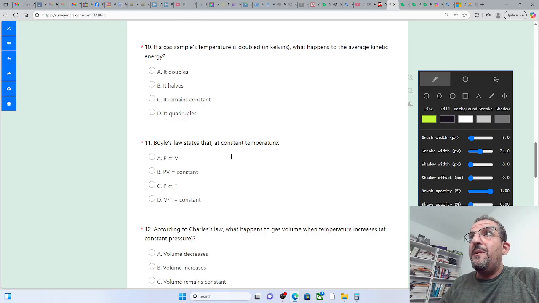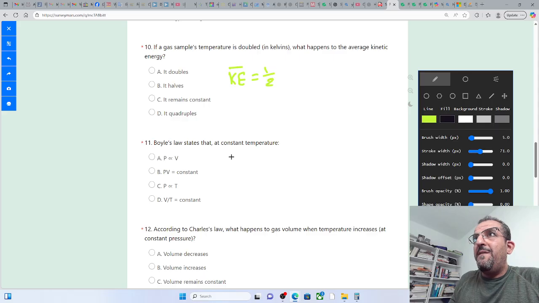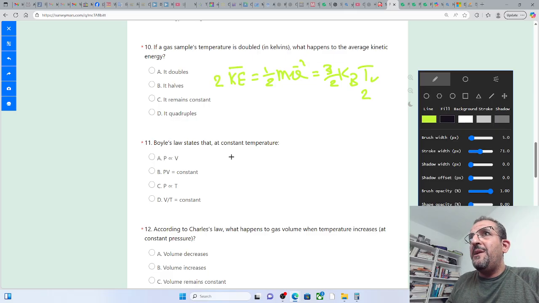We always write the equation like this: average kinetic energy is equal to 1/2 m v average squared, and that's equal to 3/2 k Boltzmann times temperature. If I multiply the temperature by 2, I need to multiply the kinetic energy by 2. So you will see that the average kinetic energy will be doubled. So you can see now A is the right answer.